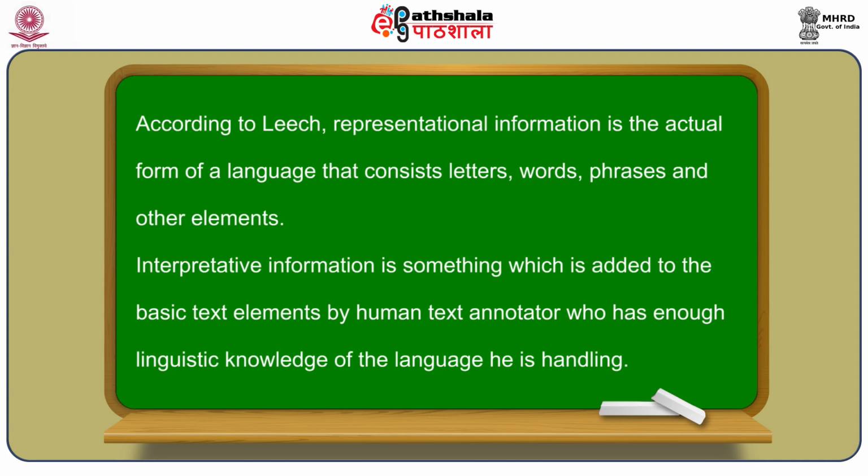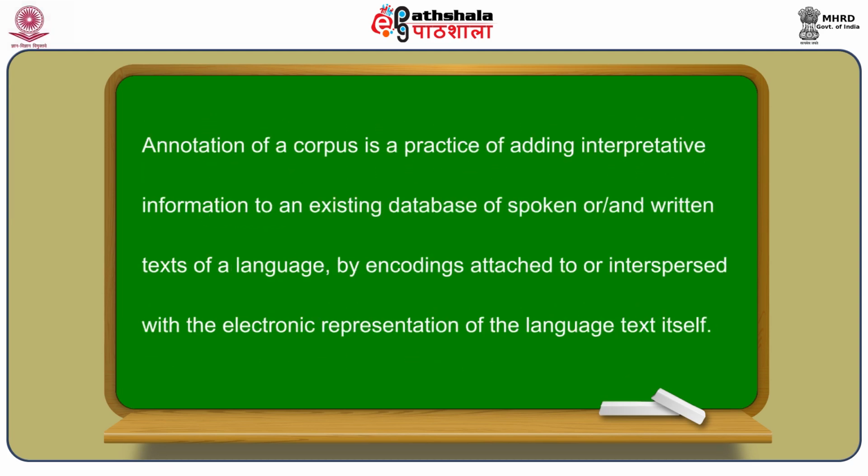We are further expanding the argument proposed by Lynch. What we say is that a corpus can be annotated two ways. In one part, we have additive interpretative information, which is called extratextual information, which is not available inside the text.